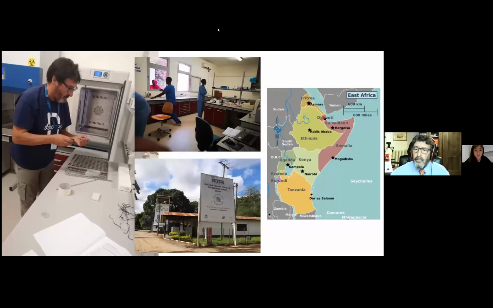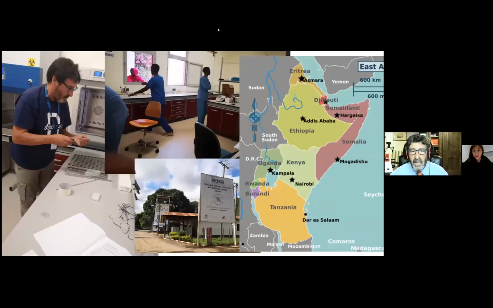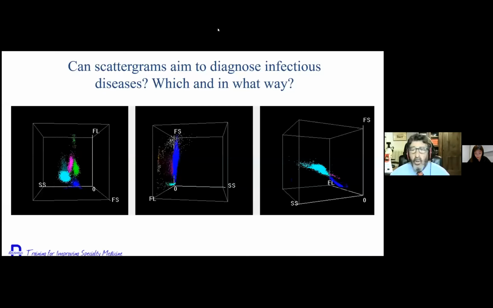It founded a very nice clinical laboratory in Hargeisa, which is the main town of Somaliland, within a public pediatric hospital, and it is now starting a similar cooperative activity in the St. Francis Referral Hospital in the Tanzanian country.